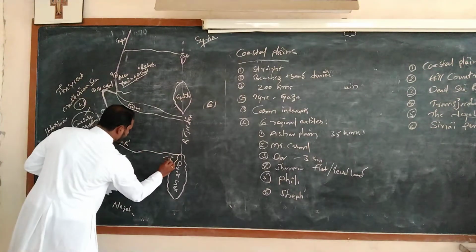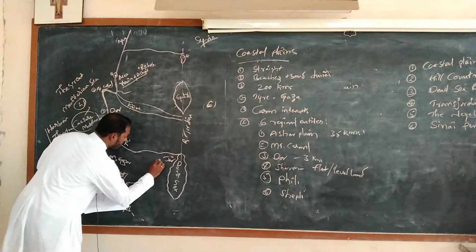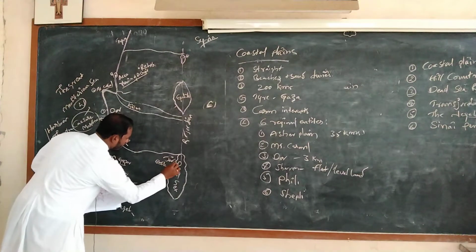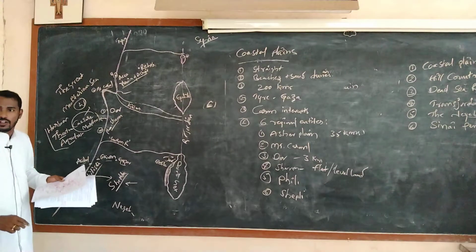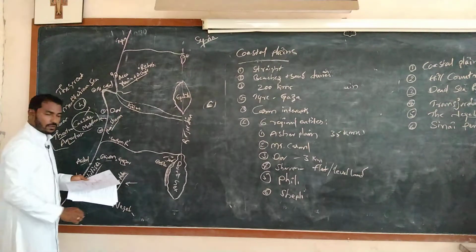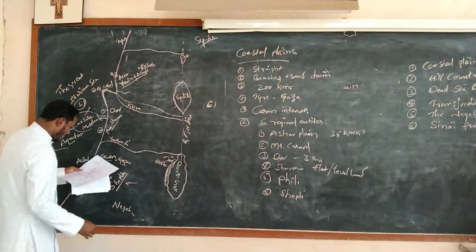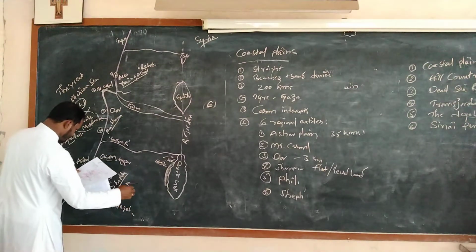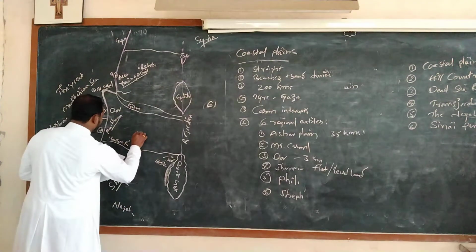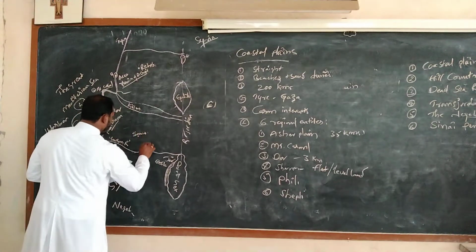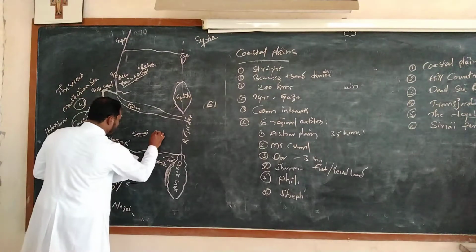Here is Jerusalem, as I said, and near to Jerusalem is Bethlehem. This is the Judean desert, beside the Dead Sea. And here is Samaria. Before Samaria became a capital, Tirzah was the capital.